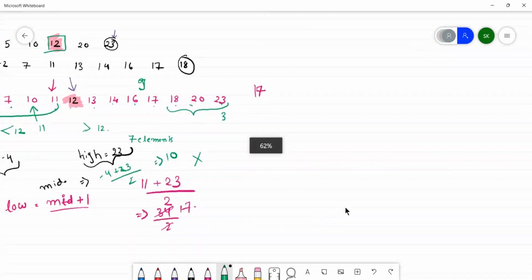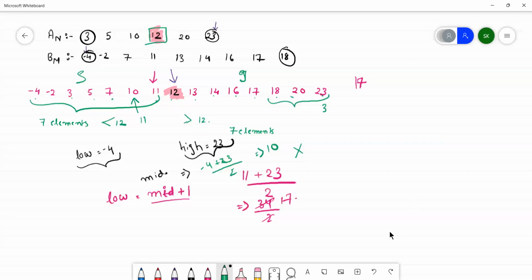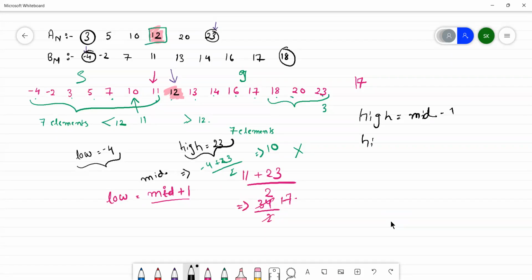Okay. Now what should we move? If the number of higher elements is smaller, then what should we do? We should move our high to mid minus 1. Now your high will become 16. Yes or no?